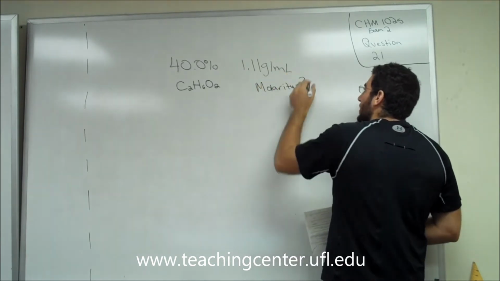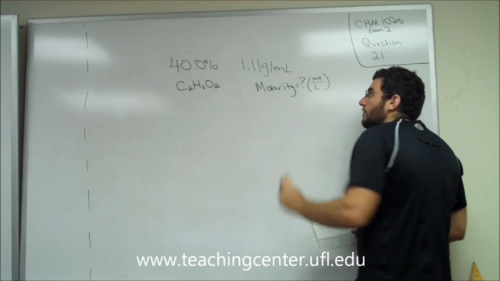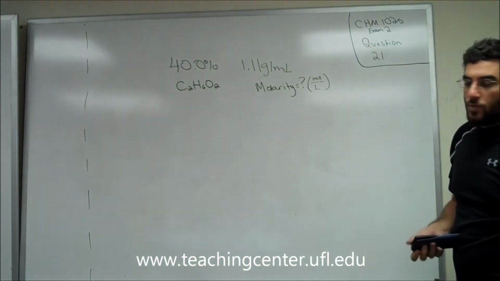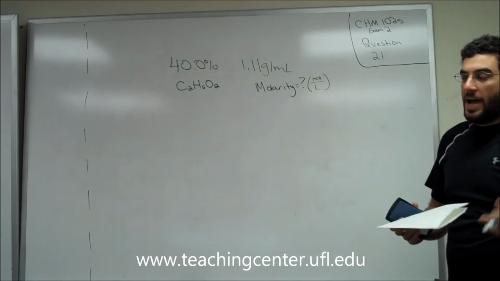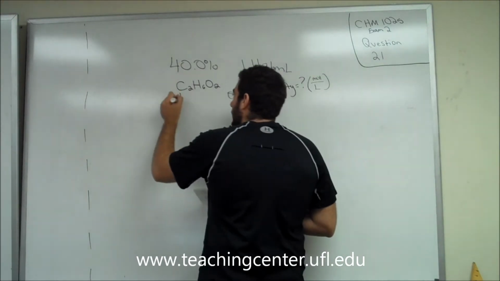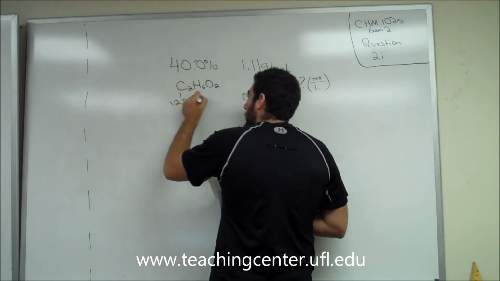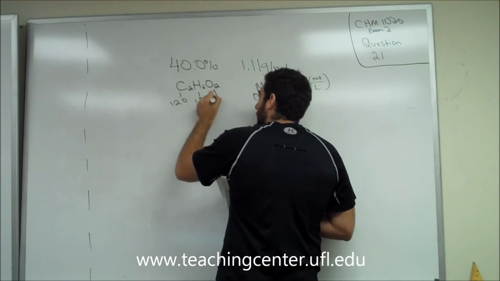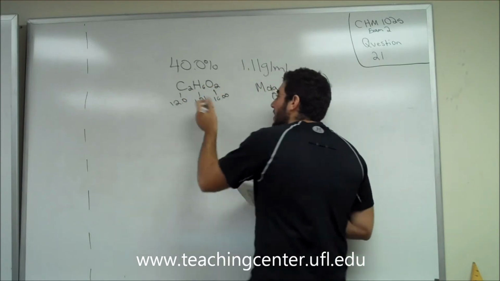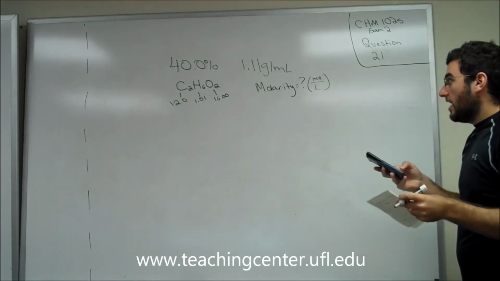Remember, molarity equals moles per liter. So the first thing that I do for this is we have to know what the atomic mass of carbon, hydrogen, and oxygen are. So we know that carbon has an atomic mass of about 12.0, hydrogen about 1.01, and oxygen about 16.00. So let's go ahead and find the atomic mass of ethylene glycol.